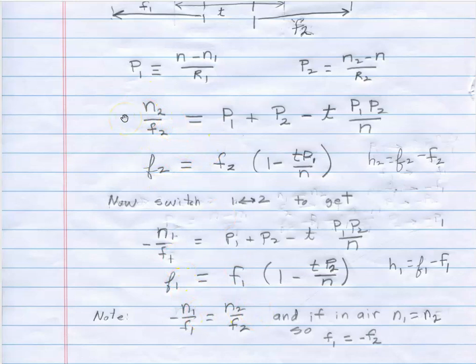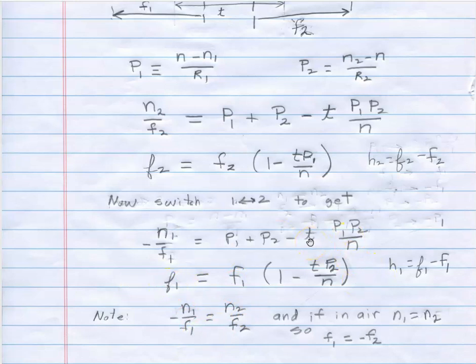So usually people don't necessarily use this second equation. They simply use, once they've calculated f2, this to find f1. And then once they've found f1, you can find script f1 from this formula, and then get h1.